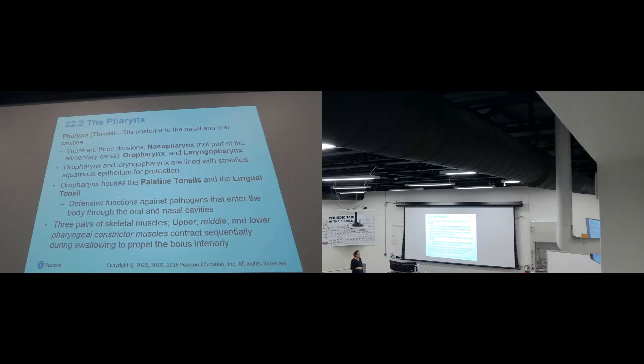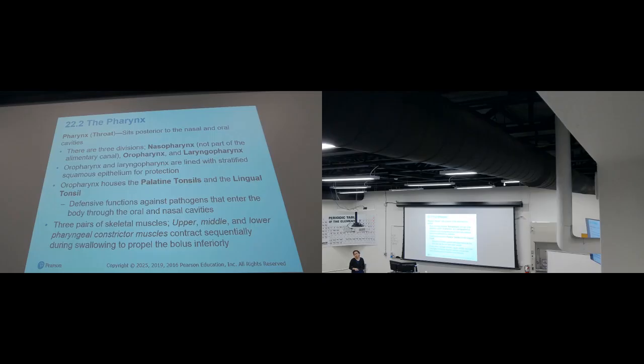And the oropharynx itself has on the sides, just posterior to the oral cavity, the palatine tonsils. And then just anterior, in between the palatine tonsils, at the base of the tongue, we have the lingual tonsil.